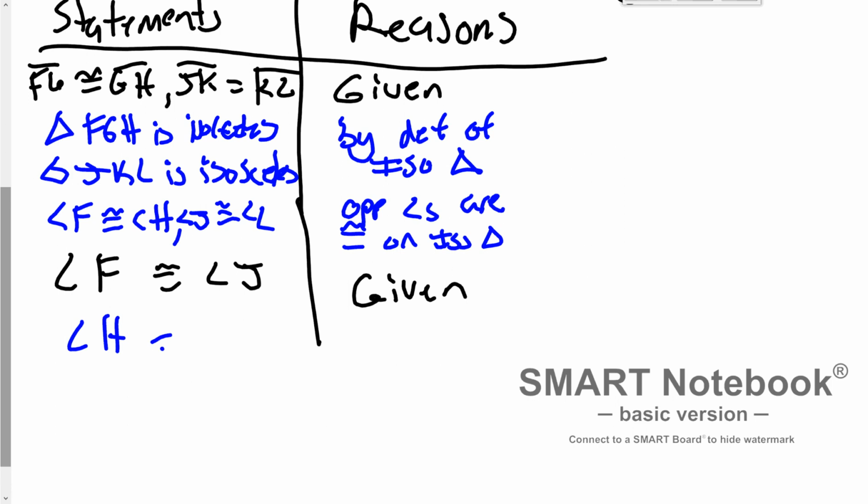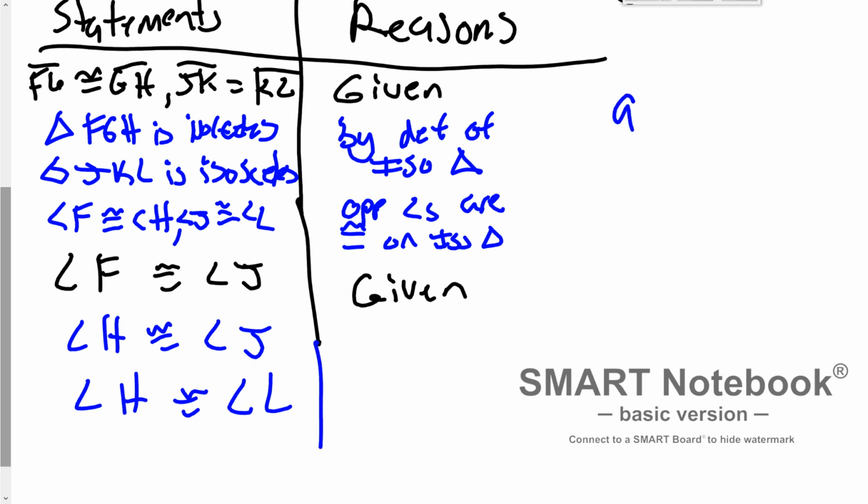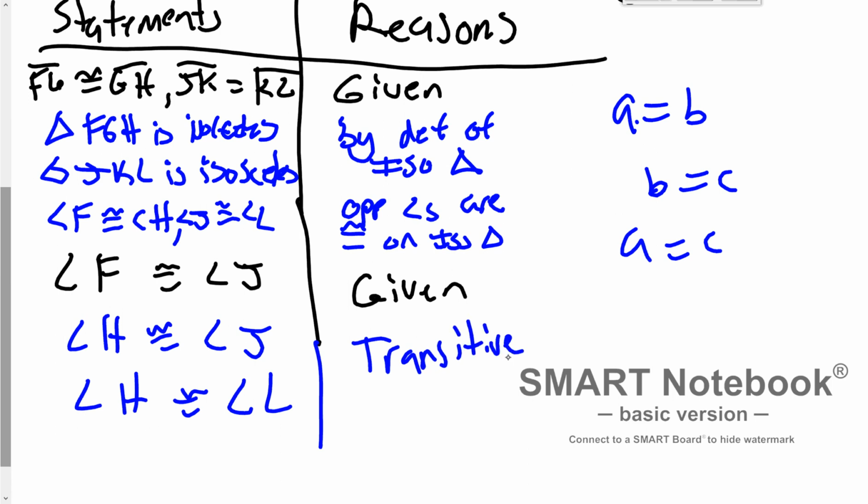Angle H, therefore, is congruent to angle J, and angle H is congruent to angle L. I can say that because it's called the transitive property. If A is equal to B and B is equal to C, then isn't A equal to C? That's called the transitive property of congruence.